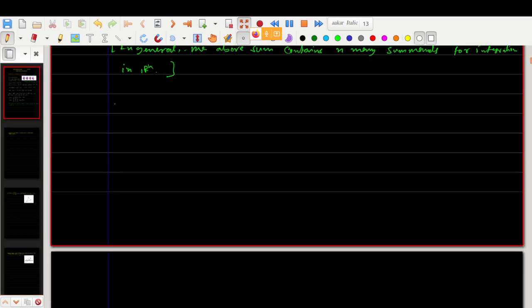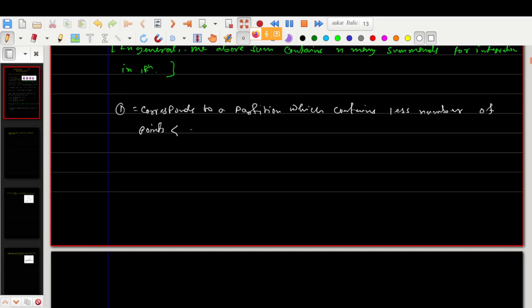So I am writing all these things. The number one corresponds to a partition which contains fewer points than two and three in the picture.